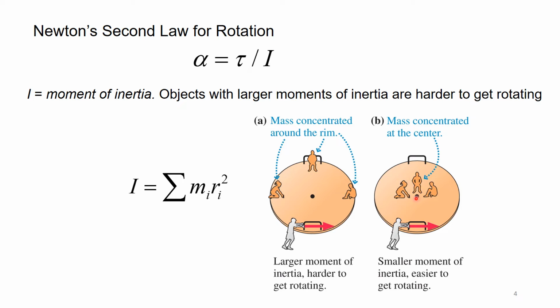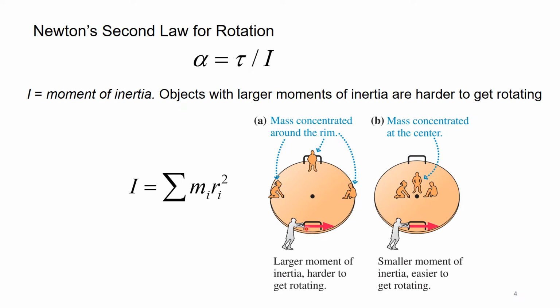The system is rotating around the center. That's the axis of rotation. In the first picture, the masses are distributed further from the center, concentrated around the rim. In the second picture, the masses are concentrated at the center, which means that the first setup will have a larger moment of inertia because the masses are located further out.